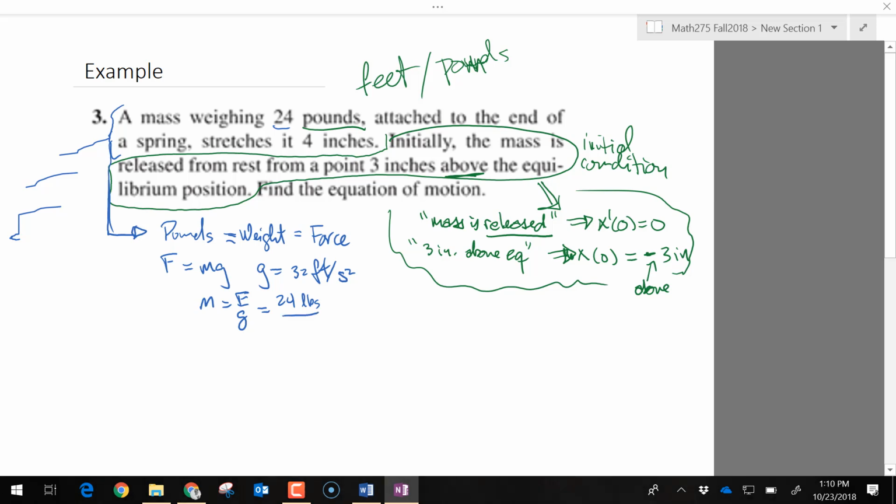Yeah, because we're in this foot-pounds system. So what is this? 24 divided by 32 is 3/4. So your mass is going to be 3/4.